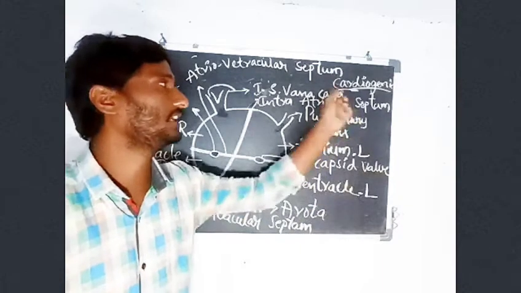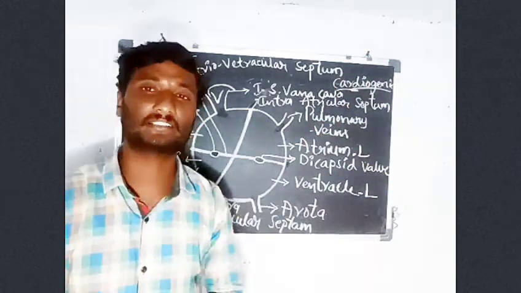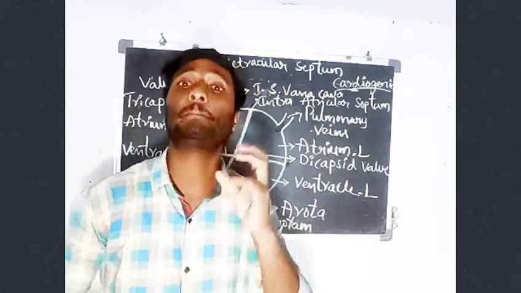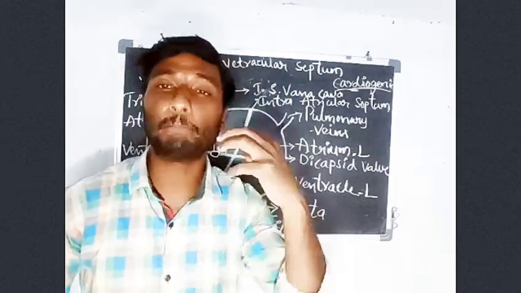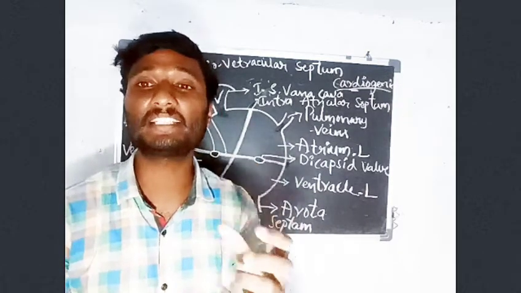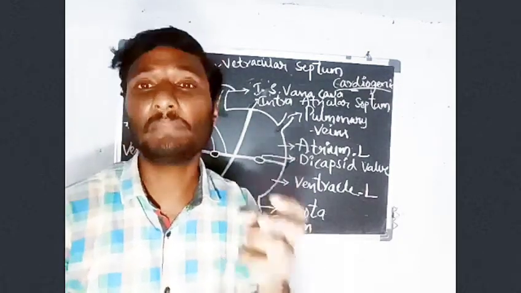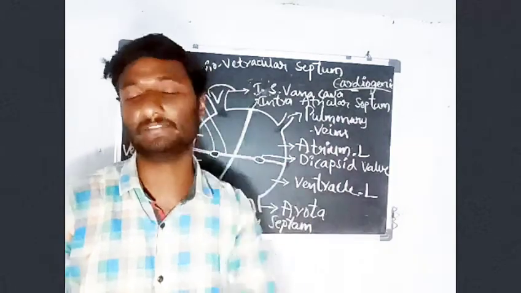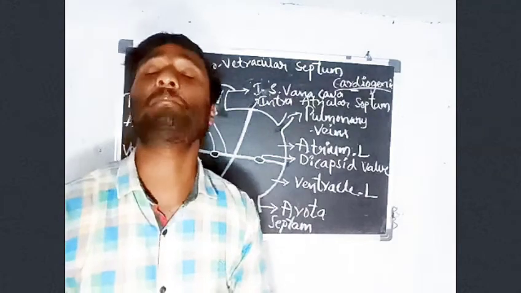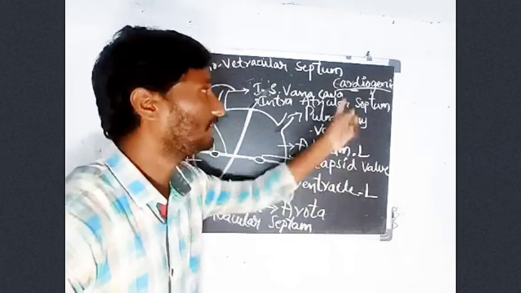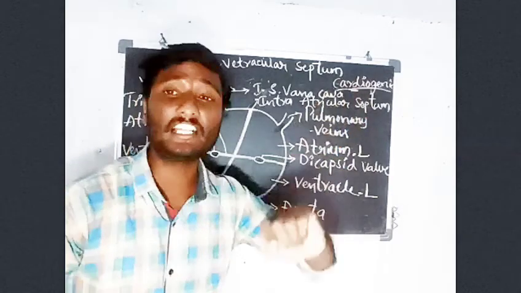That's why we call it the myogenic heart. Myo means muscles. With the help of muscles, that particular organ is prepared. That's why we call it the myogenic heart. And one more thing, the cardiogenic heart.